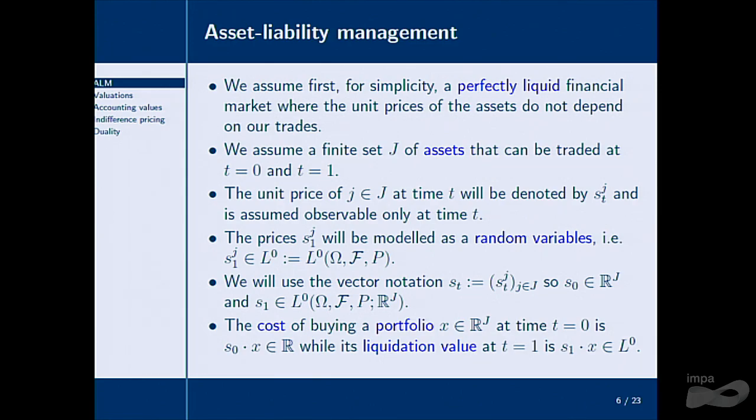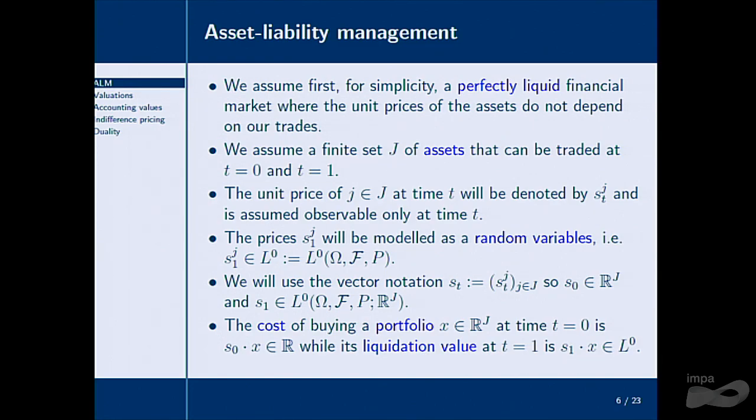They can be traded at time 0 or time 1. The unit price of asset j at time t will be denoted by S_t^j. Those will be random variables. So I'm not assuming any integrability, they're just in L0, the equivalence class of all real valued random variables.